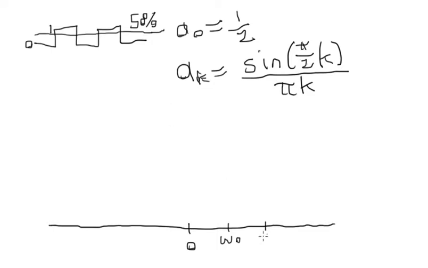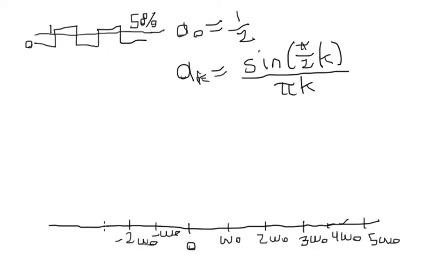And this is 2 omega naught, this is 3 omega naught, 4 omega naught. This is getting a bit tedious, but you get the idea. Here's 5 omega naught. This is not awesomely to scale. Same thing on the other end: minus omega naught, minus 2 omega naught, minus 3 omega naught, minus 4 omega naught, minus 5, and so on. So I've written a frequency axis that's in terms of radians per second or whatever your time unit is.